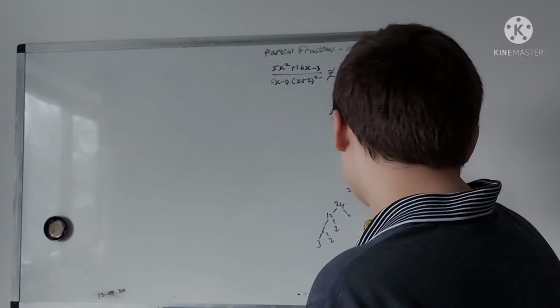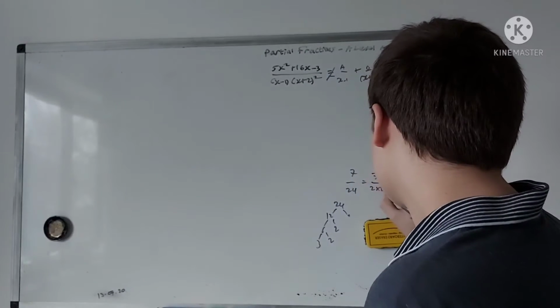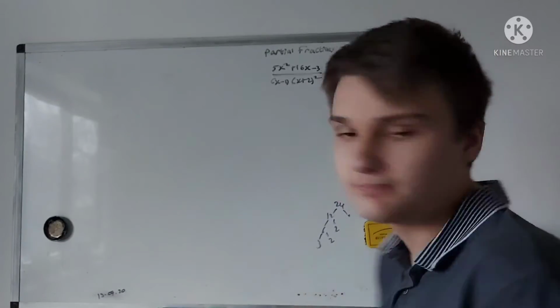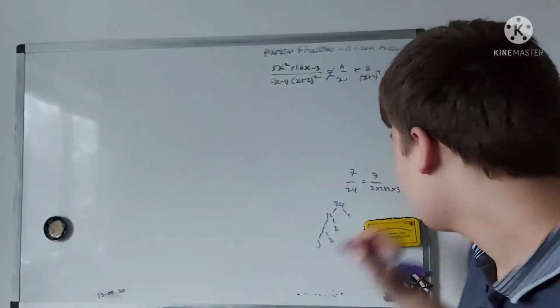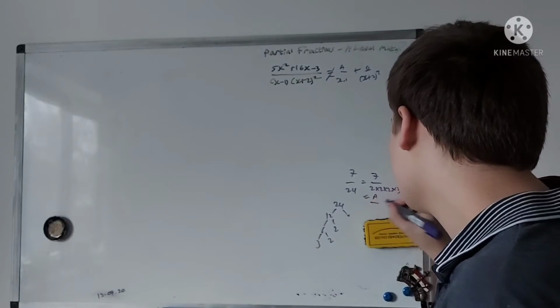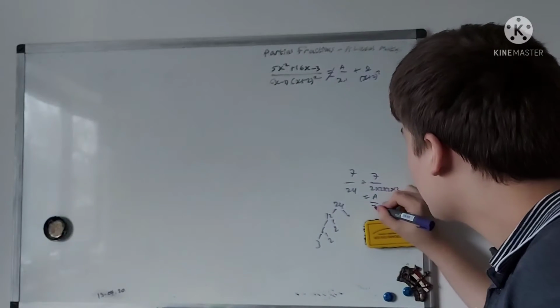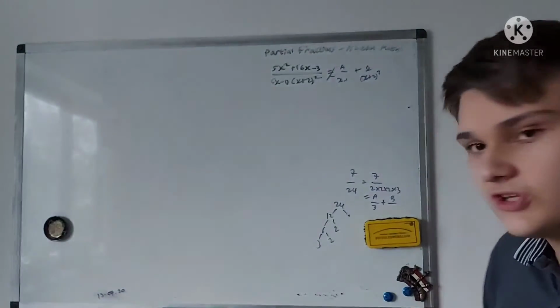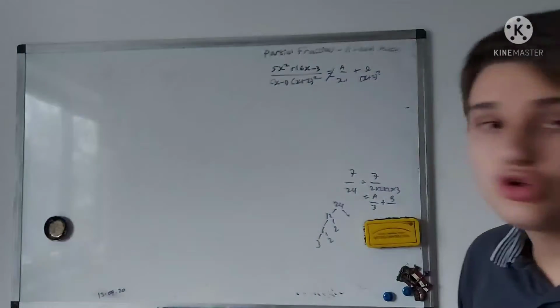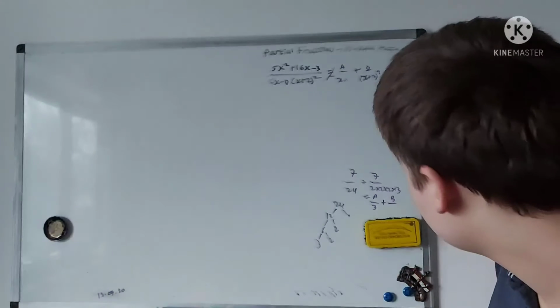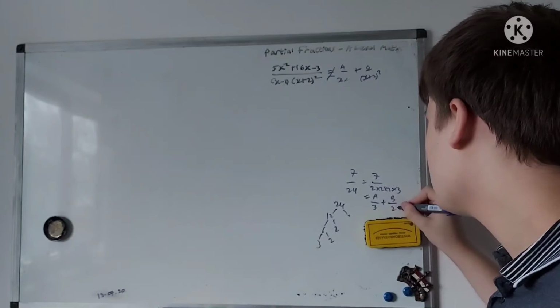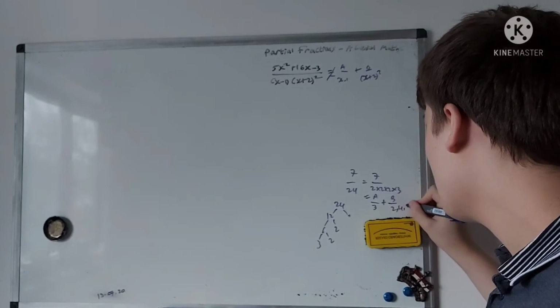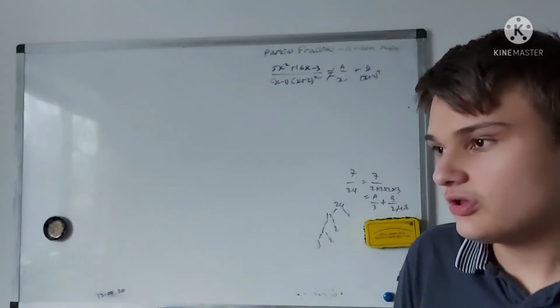So that could be written as 7 on 2 times 2 times 2 times 3, which could then be written as A on some number, 3, plus B on, well, what would come next? Would it be a 2? Could it be 4? Could it be 8? We don't know what this number could be. It could be 2, 4, or 8. Don't know.